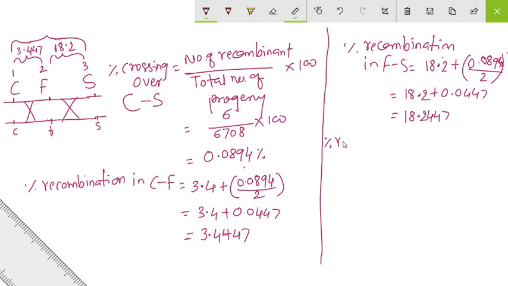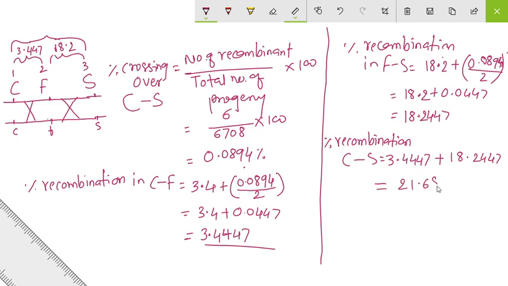The recombination between C and S: 3.4447 plus 18.2447 means it is 21.68.